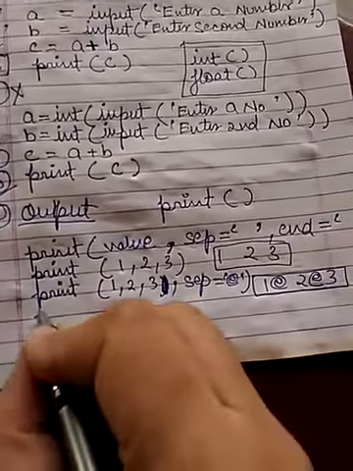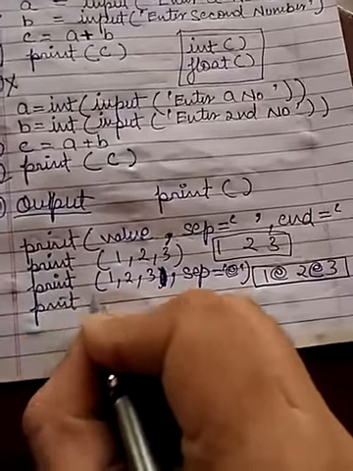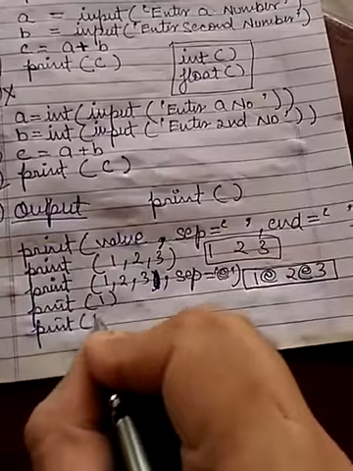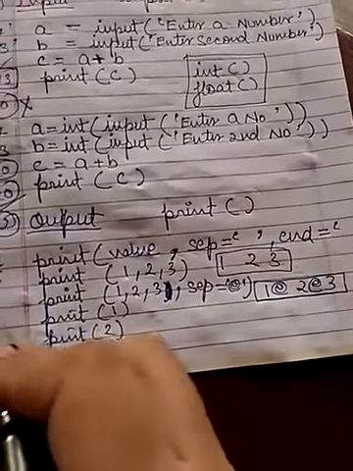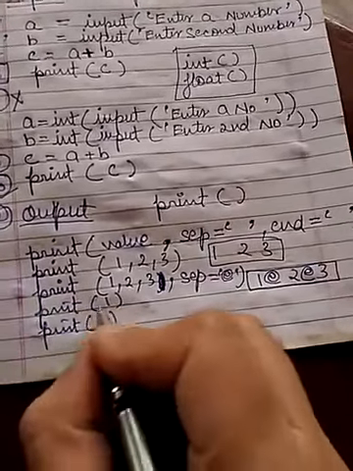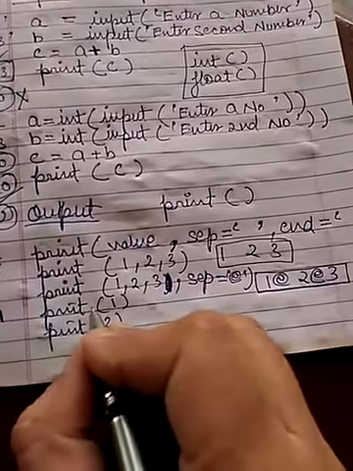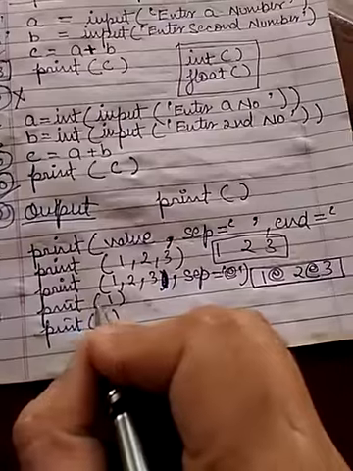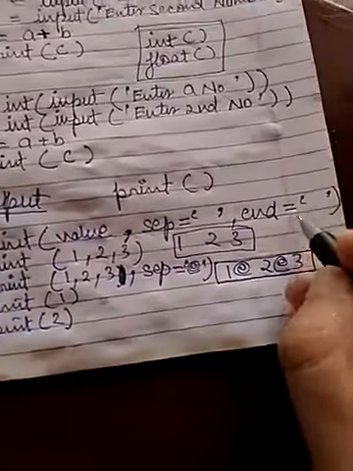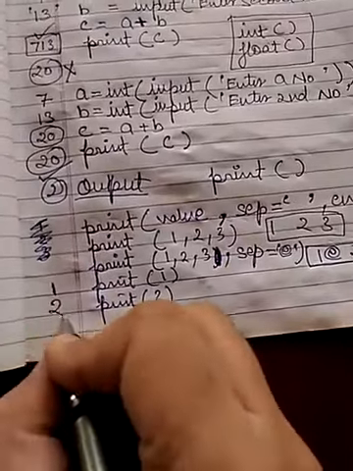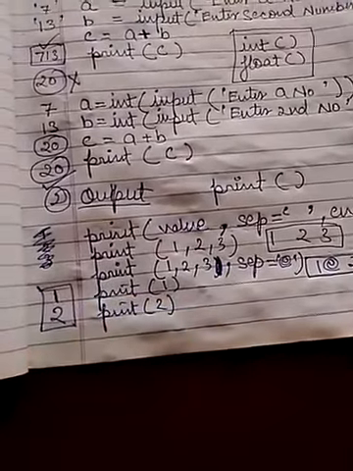Suppose I am writing this command, print 1, print 2, you will get 1. As soon as the execution of this print statement is over, the line will change automatically, because by default the end value of this parameter is new line. That's why 2 will appear on the next line.